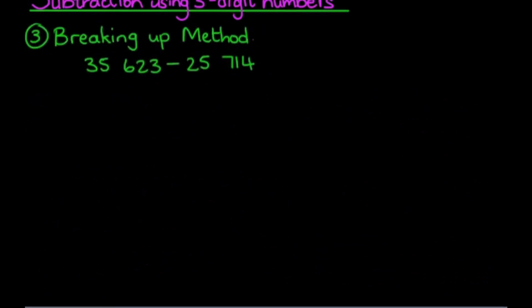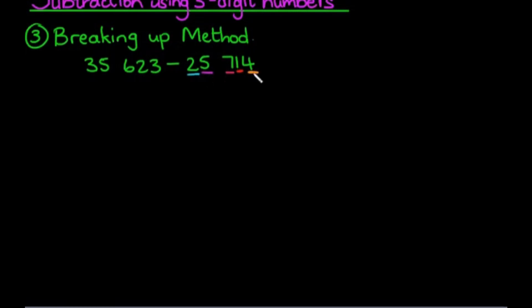The last method that we are going to go through is called the breaking up method. In this method, I will break up the number that's going to be subtracted from the first number and go through subtracting it in place value order.